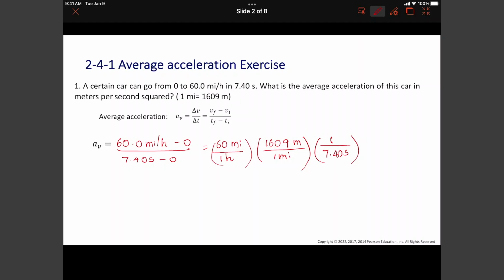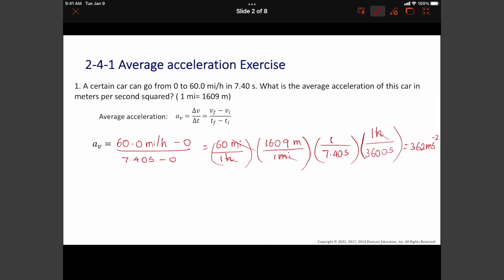We also have to convert the hour into seconds, so we multiply by 1 hour over 3600 seconds. Now the miles cancel and the hours cancel, so we are getting the answer in meters per second squared. The answer is 3.62 meters per second squared, or m s^-2.